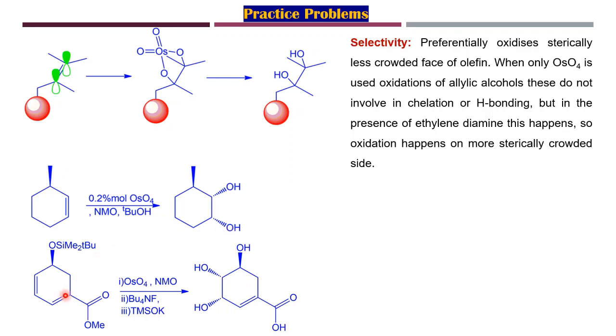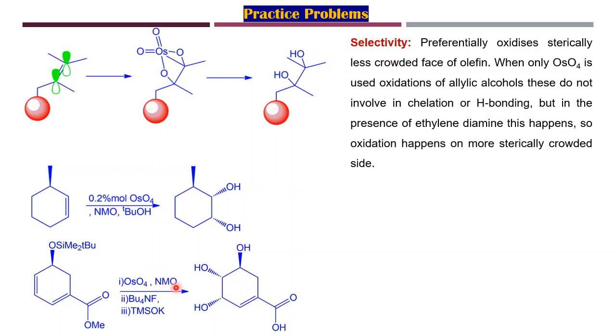Similarly, obviously this alkene is having an electron withdrawing group, so it is less reactive. This is comparatively more reactive, so this is the one that will be undergoing reaction with osmium tetroxide. This one is in the alpha position, there is no ethylene diamine, so osmium tetroxide along with only NMO.